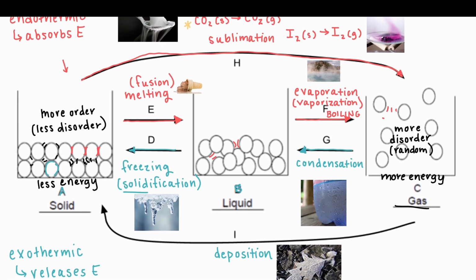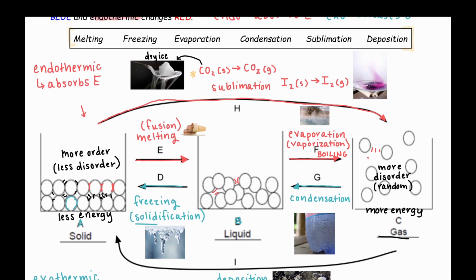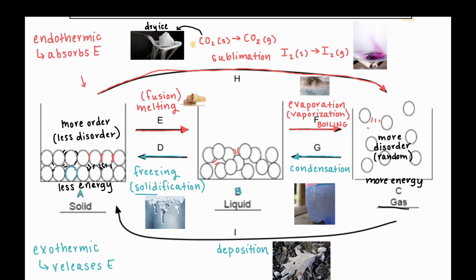Okay, so this is the 6 different phase changes that you need to know. It is super duper important that you know which ones are endothermic or require the absorption of energy and which ones are exothermic or release energy. I like to look at it in this way.